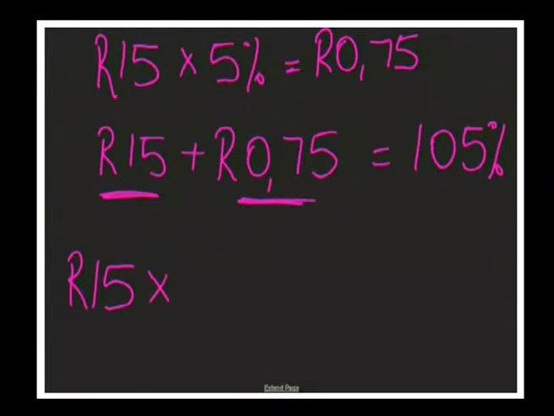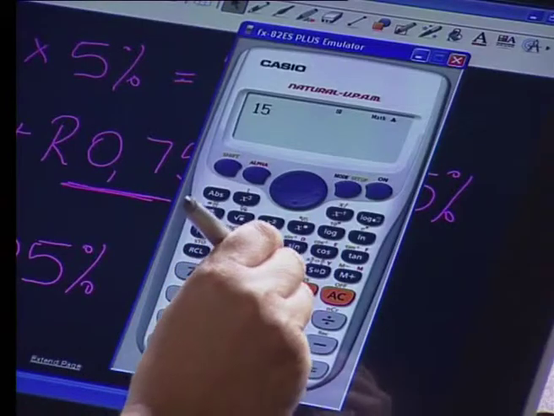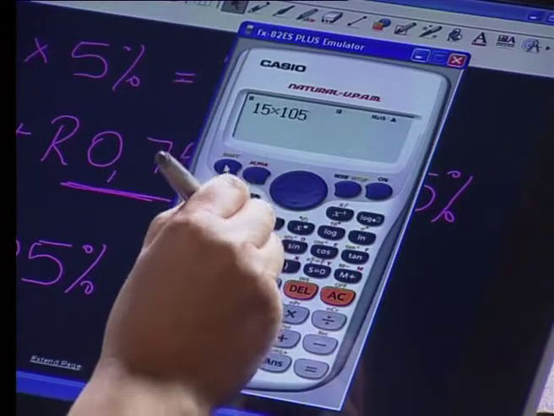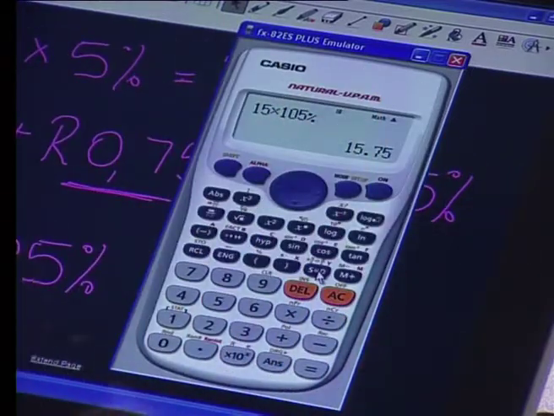So to make it easier for us to actually calculate, I can do this in one step. And I can say 15 Rand times by, because it's a percentage, 105%. And once we do that on the calculator, you'll see that it does it all for us in one step, 105%. And we get our answer, which was 15 Rand 75.